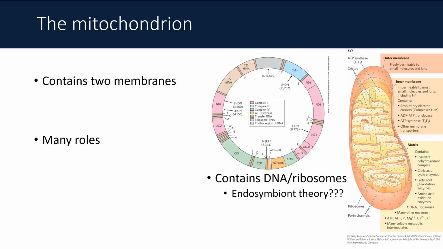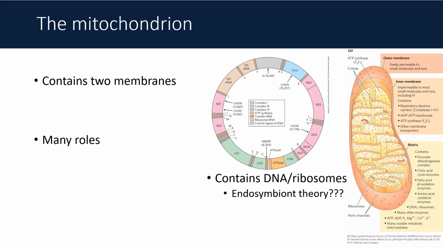Like the citric acid cycle, oxidative phosphorylation occurs within the mitochondrion, and I think it's worth spending a little bit of time dissecting the anatomy of this key organelle. Every mitochondrion is going to consist ultimately of two membranes.